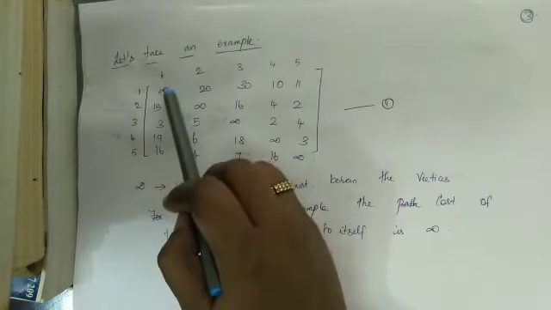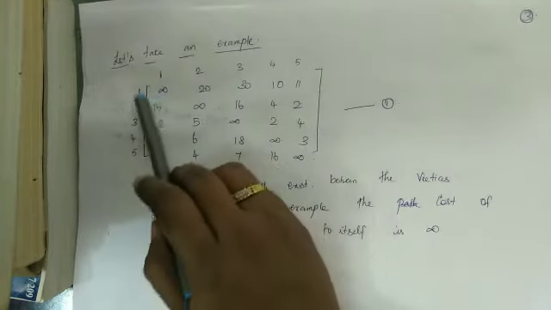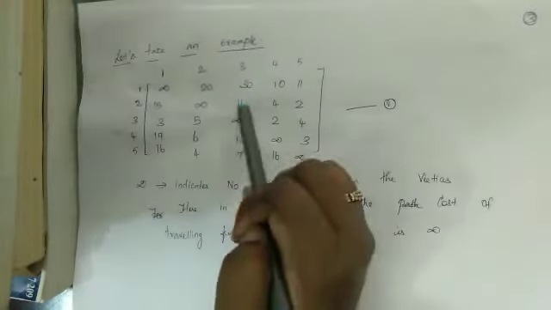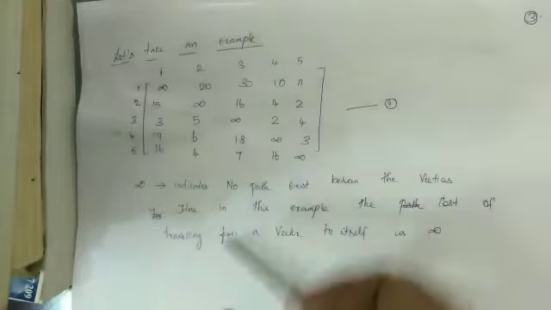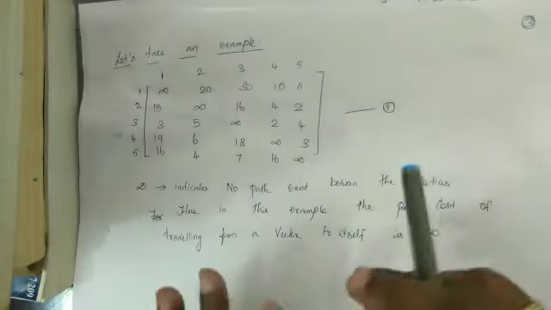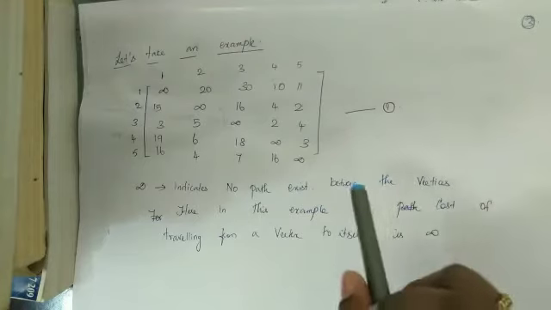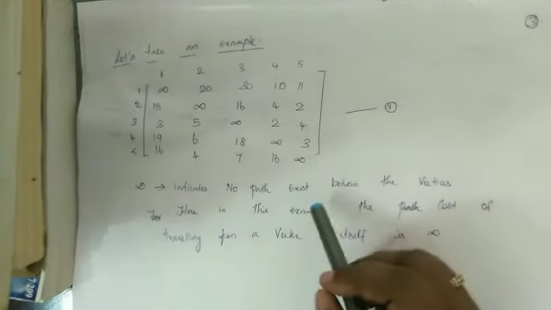It's always like that. When there is no edge between two vertices, it is also given the cost infinity. The cost of traveling from 1 to 2 is 20, the cost of traveling from 1 to 3 is 30, and so on. This is the adjacency matrix for which we are interested in finding the minimum cost. That is the traveling salesman problem.